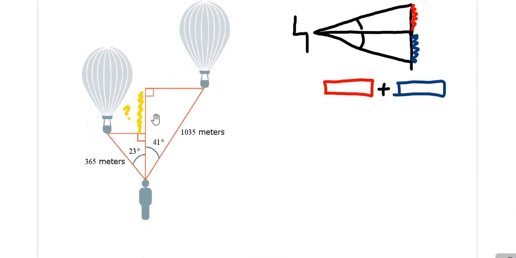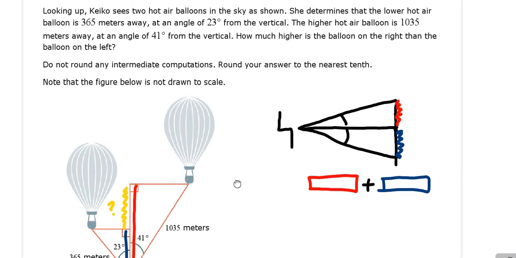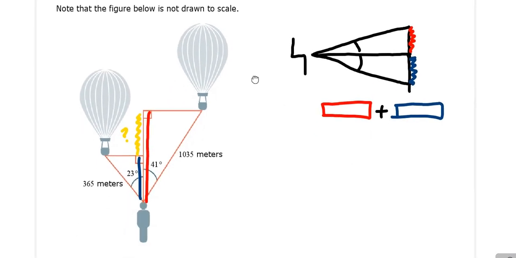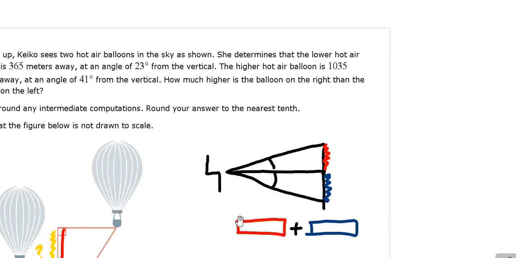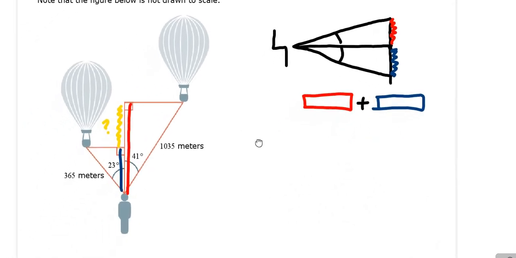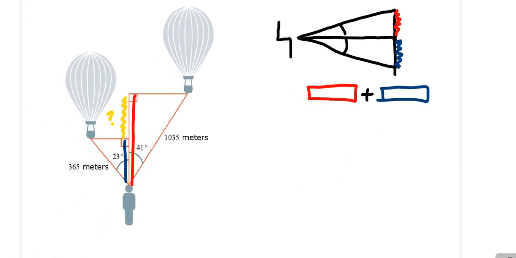And to get the yellow, you're going to be finding the difference of this compared to this. Now, it says do not round any intermediate computations. So you're going to write all of this down, and you're going to be working on your ALEKS calculator. So you want to figure out each of these, and you're going to put it all in your calculator at one fell swoop.